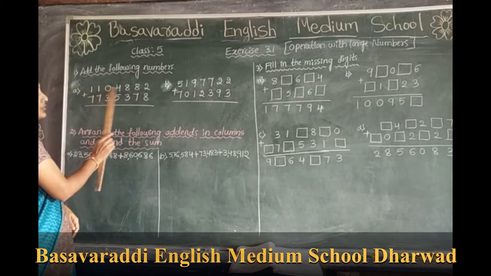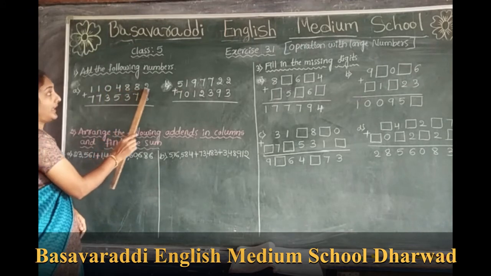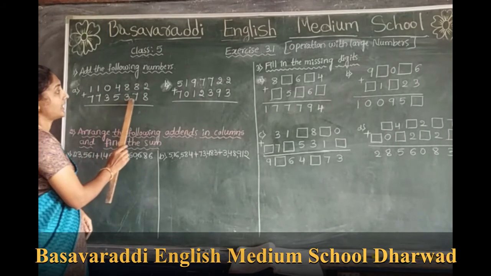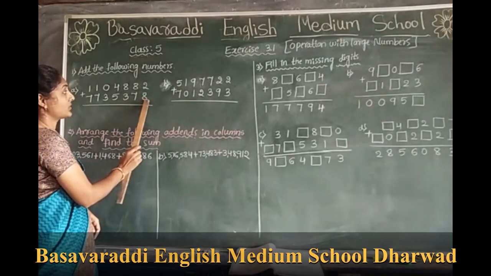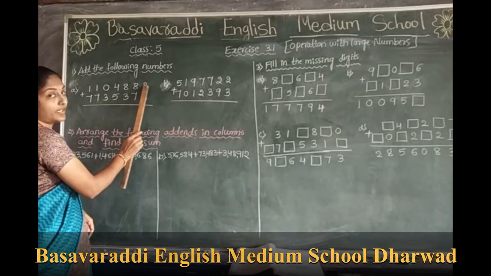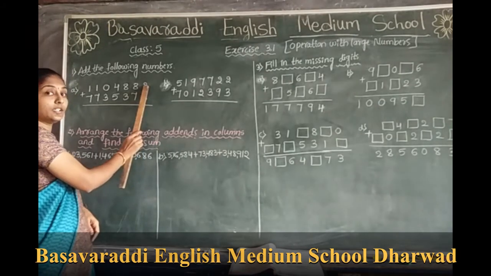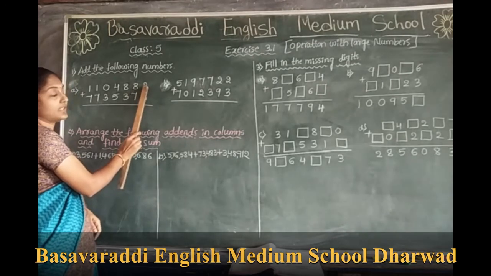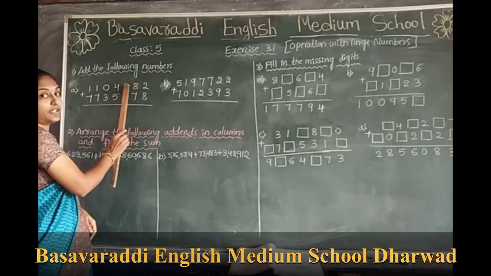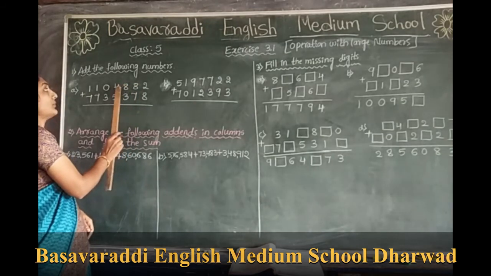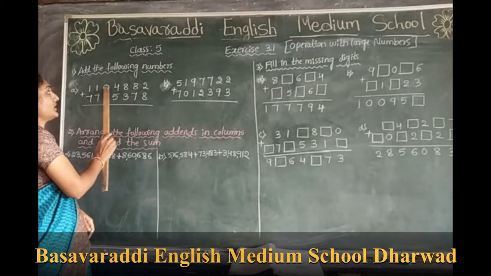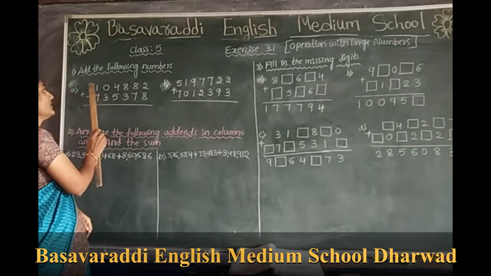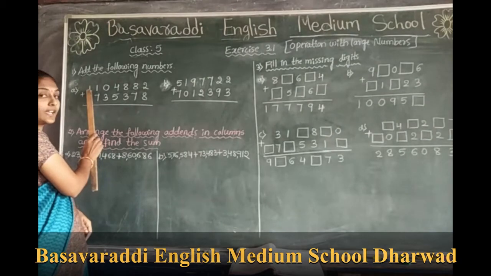11 lakhs 4,882, and 77 lakhs 35,378. How do I read this one? We already studied place values in the first class. 2 is in the ones place, 8 in the tens place, 8 in the hundreds place, 4 in the thousands place, 0 in the 10,000 place, 1 in the lakhs place, and 1 in the 10 lakhs place.